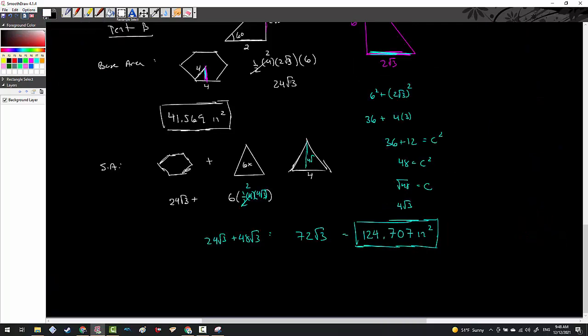To find the volume of this pyramid, we're going to employ 1/3 area of base times the height, because we are dealing with a pyramid. So the area of the base is not that bad. It's going to be 24 rad 3, that's the area of our hexagon, times the height, and this is where that 6 comes in.